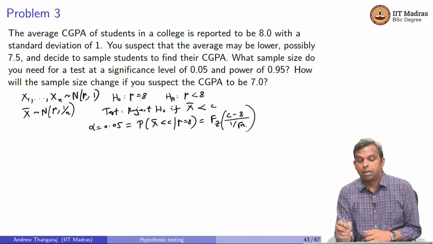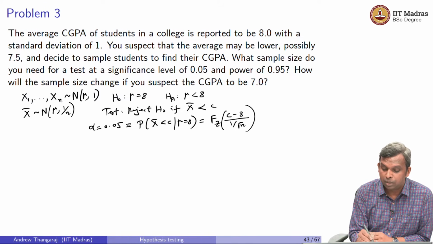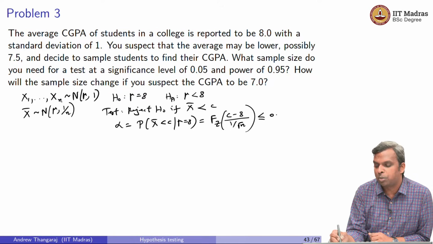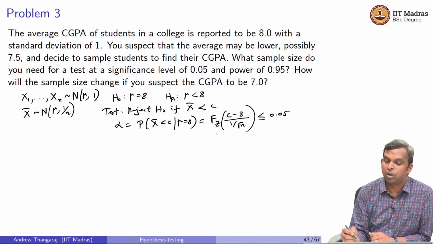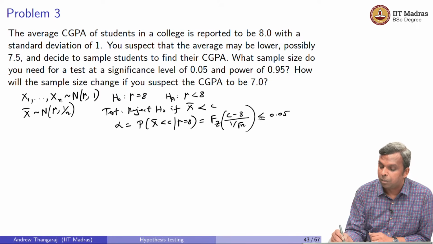So, it's always good to write this differently, exactly like before. I want it to be less than or equal to 0.05, or maybe we'll say equal to, doesn't matter. So you do F_C inverse of 0.05, we've seen that before.